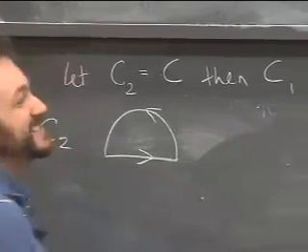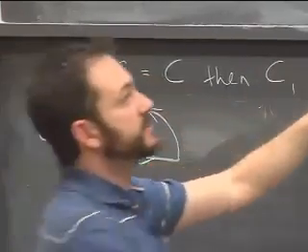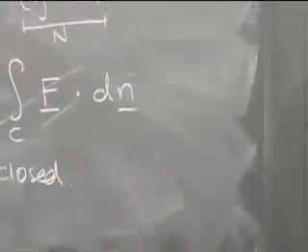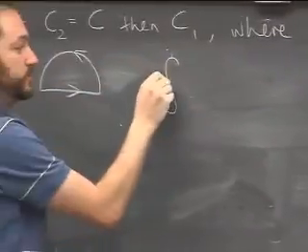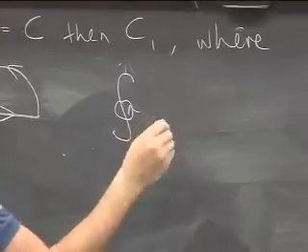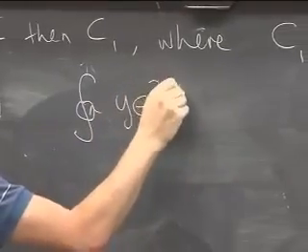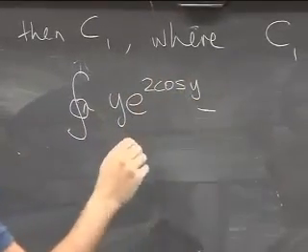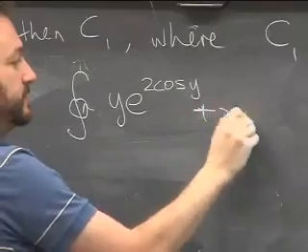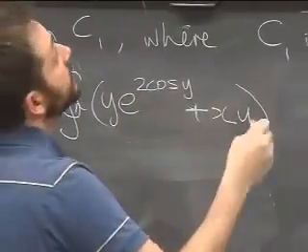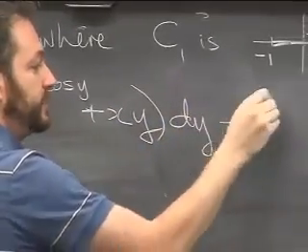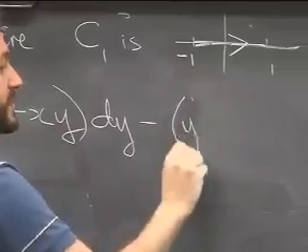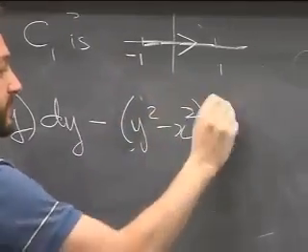All right, let's see what this gets us. I propose that instead of writing what we did, so this is sort of slightly wrong, let's now just do the same thing, but take the closed loop y e to the 2 cosine y plus xy dy minus, what is it, y squared minus x squared dx.